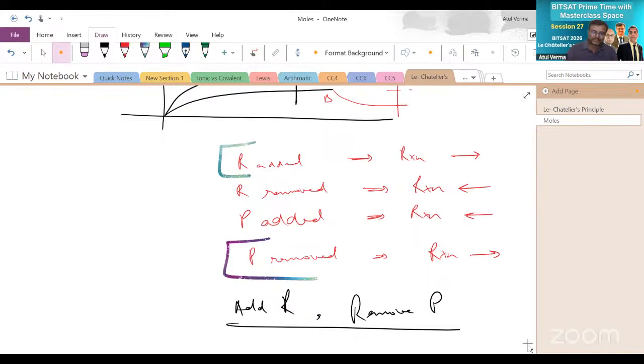Hoping you have understood this concept. If you have understood it, if you like it, share in comments, and then I'll take another lecture on it. Today's lecture I wanted to keep to a basic point.